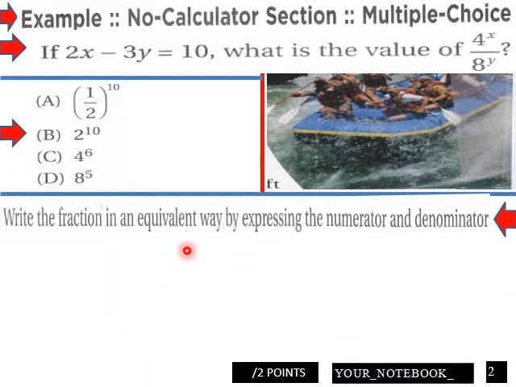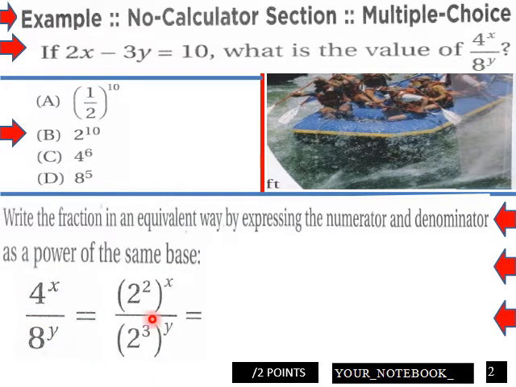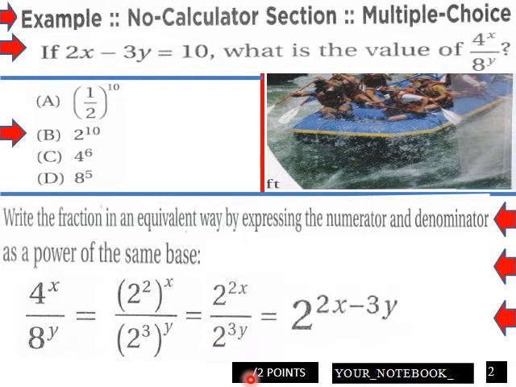Write the fraction in an equivalent way by expressing numerator and denominator as powers of the same base. So 4^x over 8^y would equal 2 squared to the x over 2 cubed to the y. Then we could further simplify it by putting it in this form, and then even further simplify by the quotient rule of exponents.